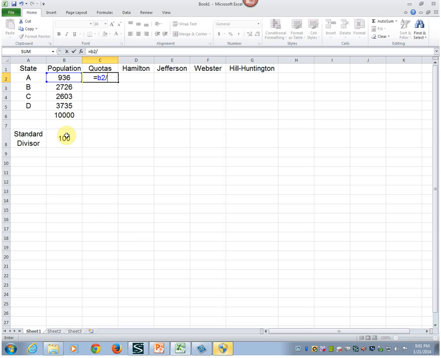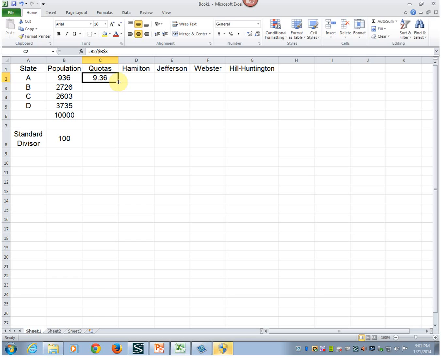What happens when I anchor it is I'm actually going to drag this formula down. I'm only going to type it in once. And I don't want the standard divisor to change. However, I do want the population to change with each cell. So I'm going to anchor cell B8 by doing $B, $8. And now I'm going to press enter, 9.36.